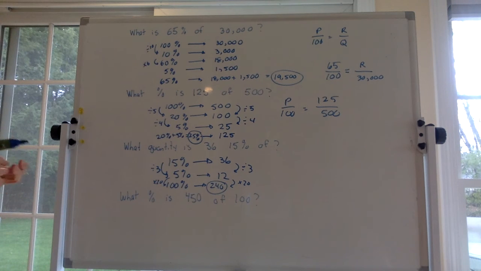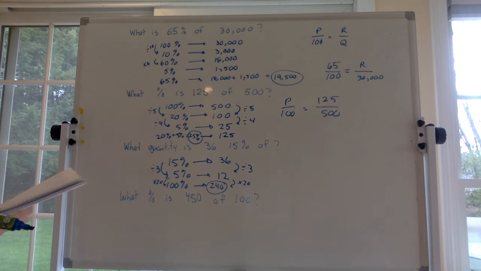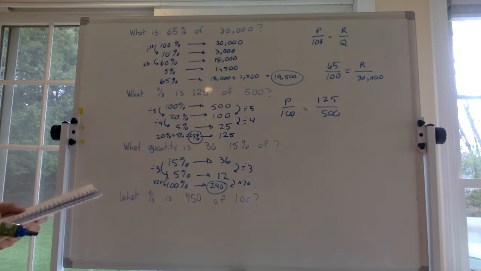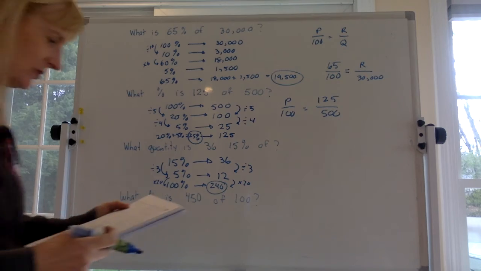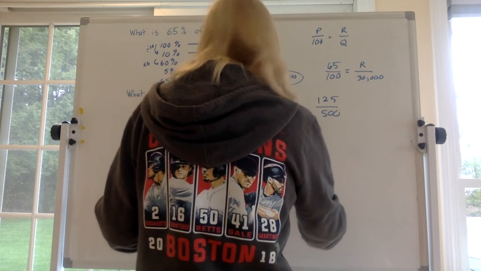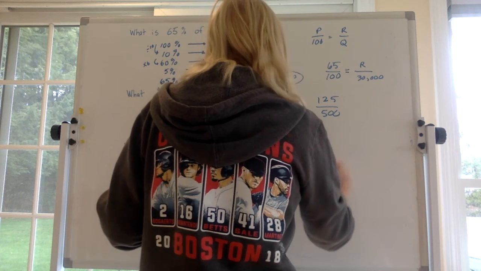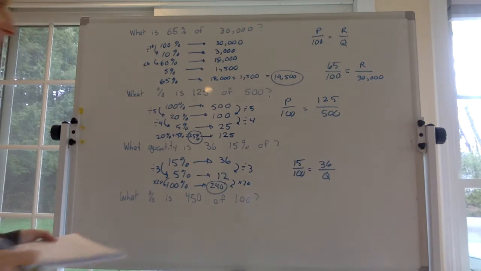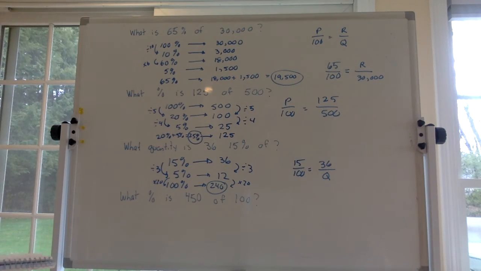So 36 is 15% of 240. Okay, kind of getting it? We could have done the equation: 15 over 100 equals 36 over Q. We could have done that and solved for Q. I'm just giving you the alternative.